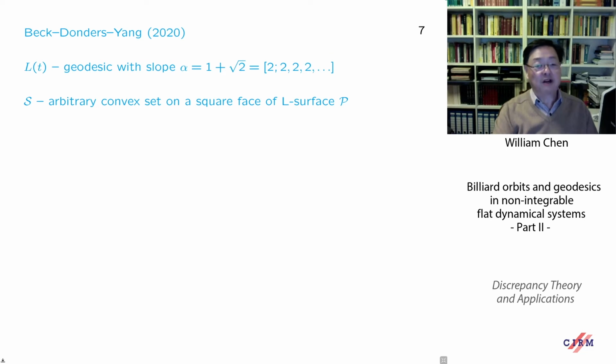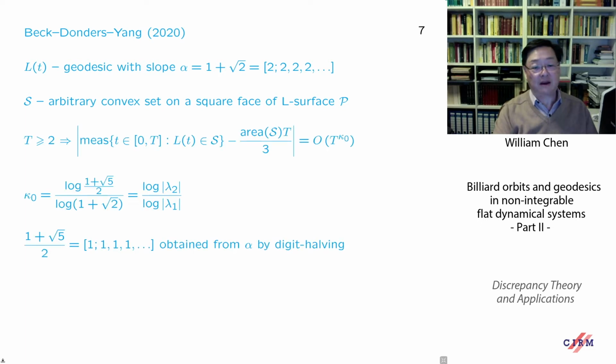Take an arbitrary convex set S on a square face of the L surface P. Let's suppose that we persevere with this geodesic up to time capital T. And let us see how much time this initial section of the geodesic spent in the set S, and compare that to the expectation.